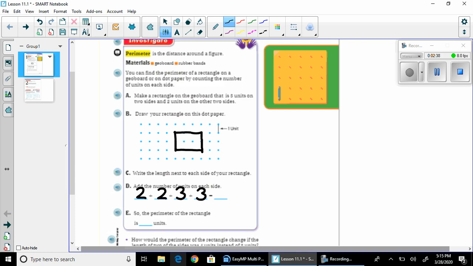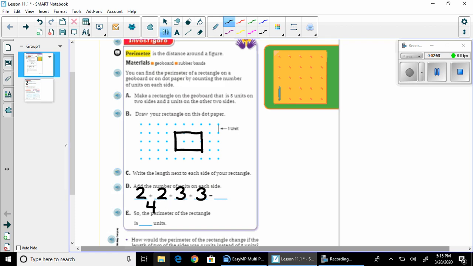I am going to add them all together to find my perimeter, or my distance all the way around my rectangle. I am going to start with adding 2 and 2. 2 and 2 is 4, so down below here we'll write 4. And then 3 and 3 is 6.